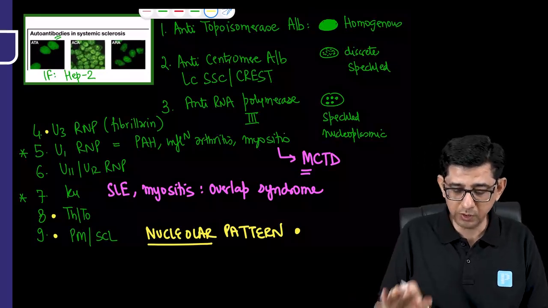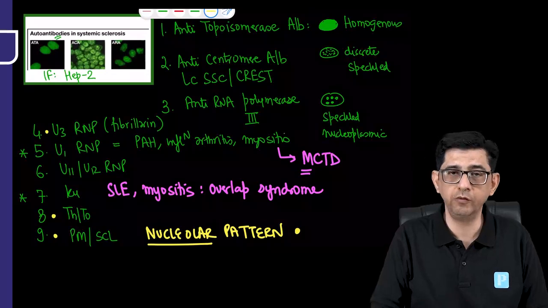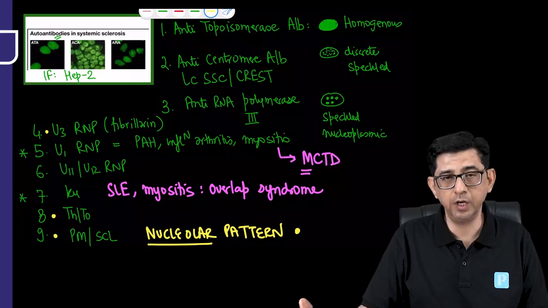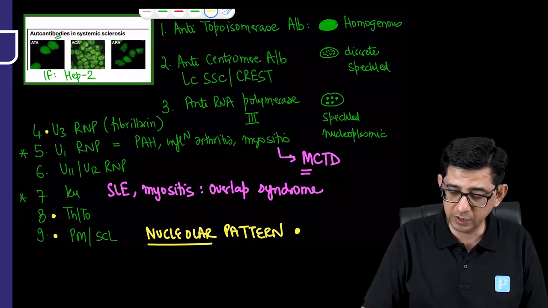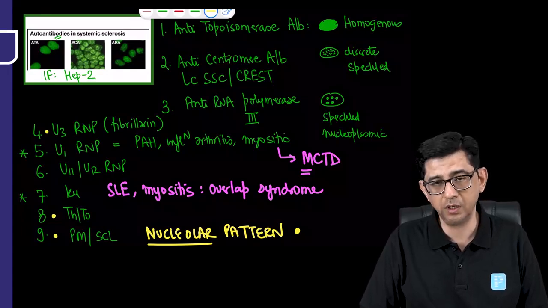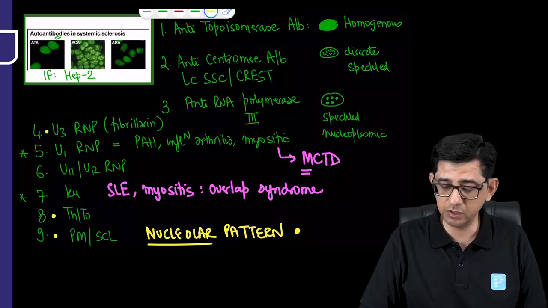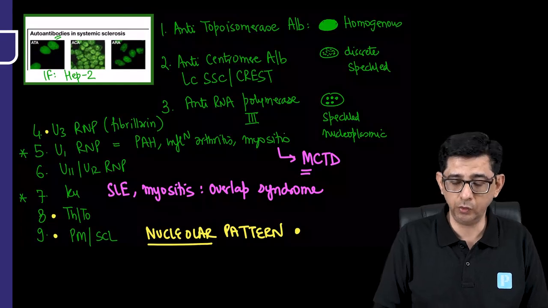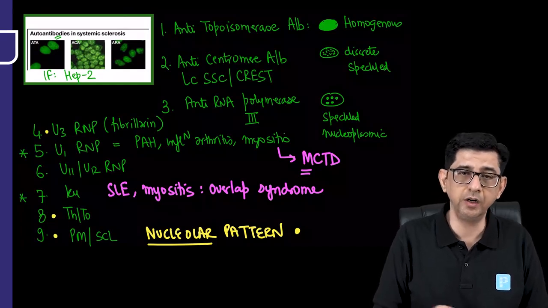And for all others where no marking is present, you will have to remember that as a speckled pattern. Though even in the speckled, I described a few differences, like a discrete speckled pattern versus a speckled nucleoplasmic pattern where the dots are relatively much denser, versus a homogeneous pattern for anti-topoisomerase. So I would rate this as one of the important slides from an integrated perspective.